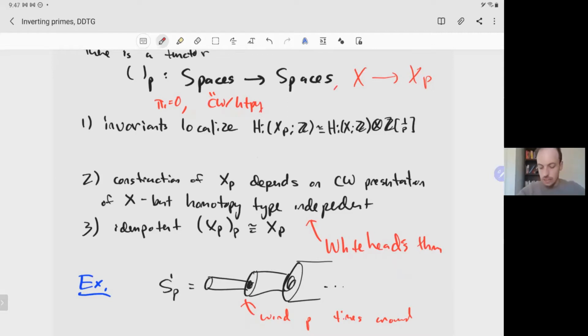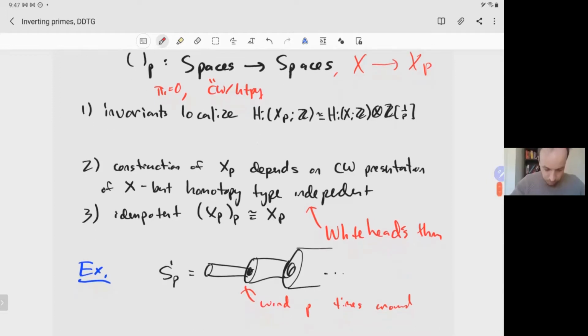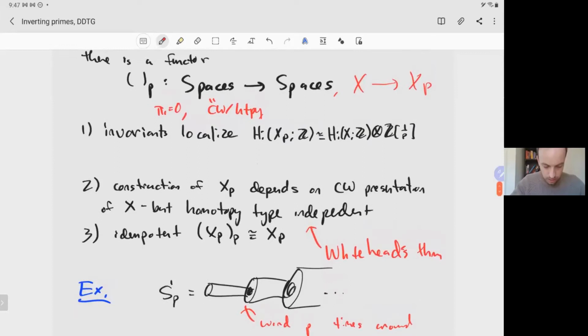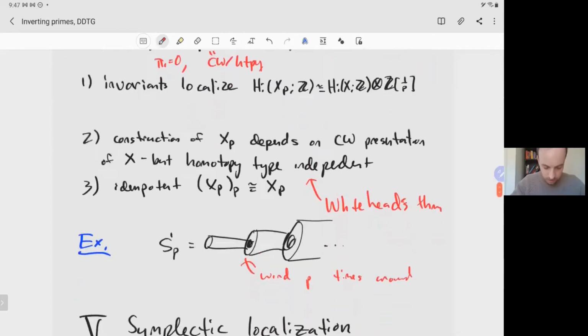And you can check that the homology of the space is the localization of the homology of a circle. Okay, so it's some construction that looks like this. So this is the classical localization. It has these three properties.